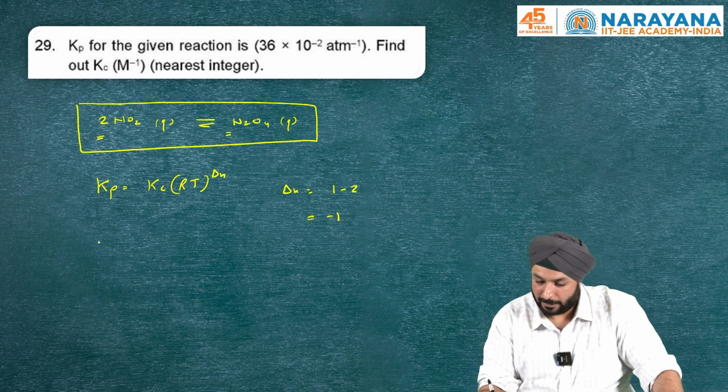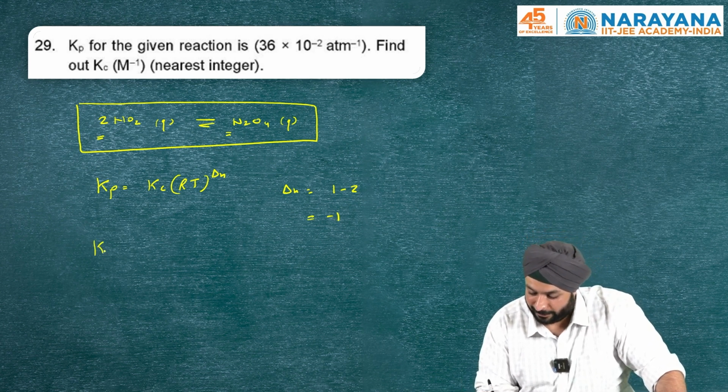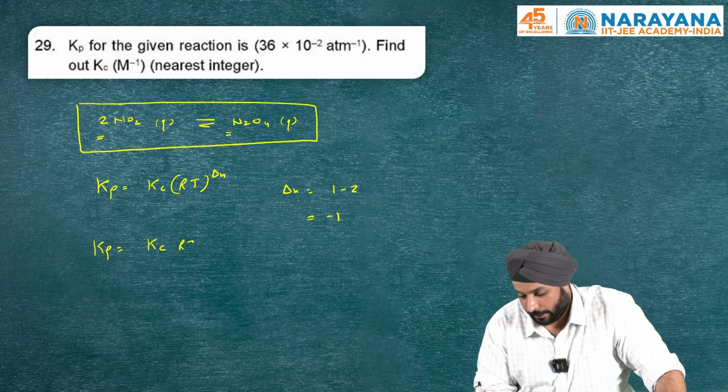So Kp is equal to Kc (RT) raised to power minus 1. So Kc comes out to be Kp into RT.